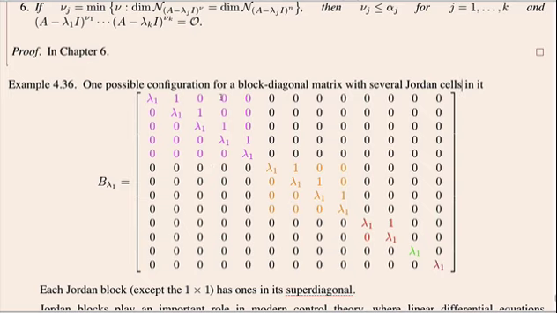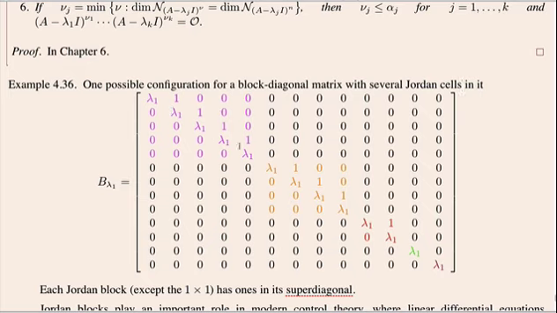So here is a Jordan cell. The whole matrix has lambda 1 in the diagonals, but then what you see is that this super diagonal doesn't go all the way. Sometimes it gets interrupted. So these interruptions of ones denote the end of a Jordan cell and the start of another one.